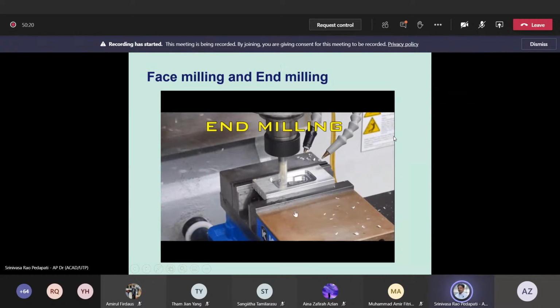So you understand what is happening there. So this is called end milling. In the previous case, that one is face milling. Face milling, you have no doubts, I think, because we already showed some sketches and then we saw the face milling aspect. Now for end milling, just identify what is the difference.